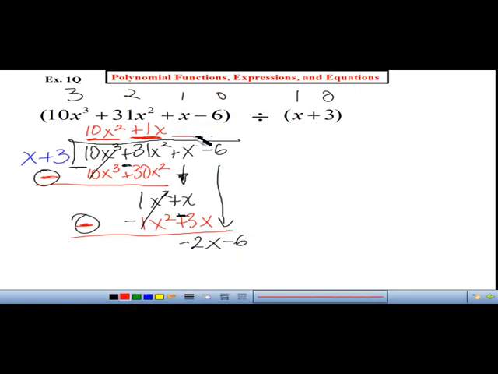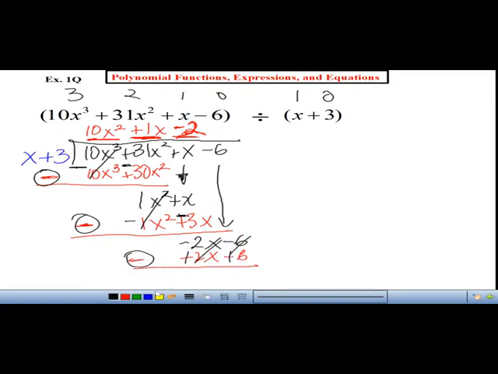We start all over. What number times x gives me negative 2x? So that's negative 2. All right, so negative 2 times x, that's negative 2x. Negative 2 times 3, that's negative 6. We're going to subtract. And once again, what does this mean? That it changes these to their opposite.